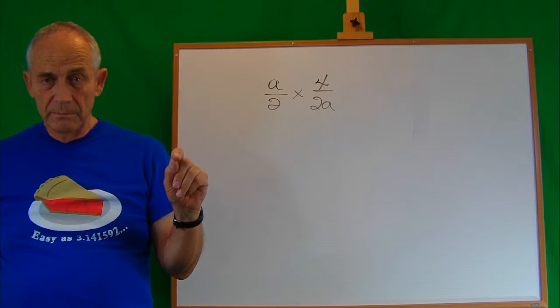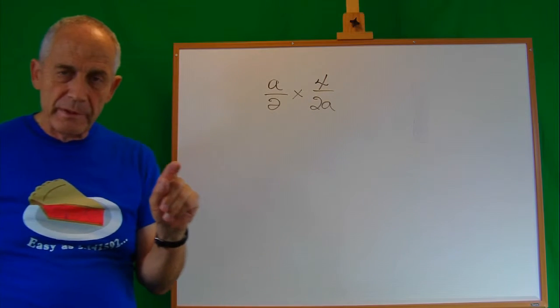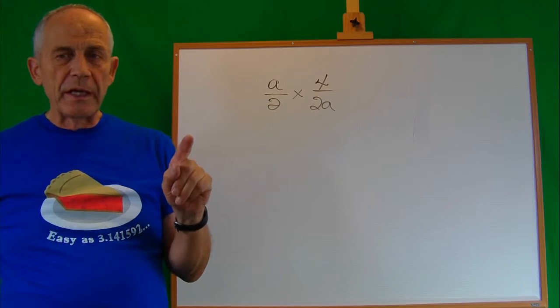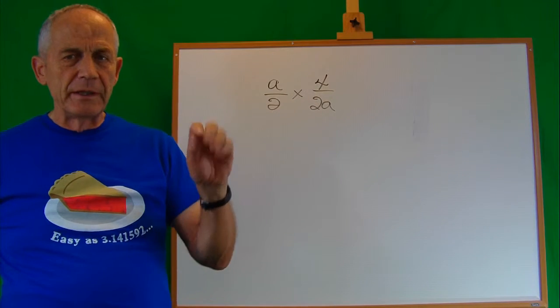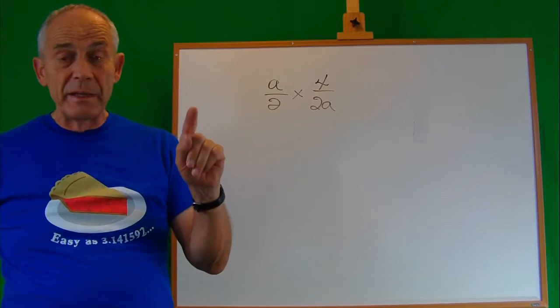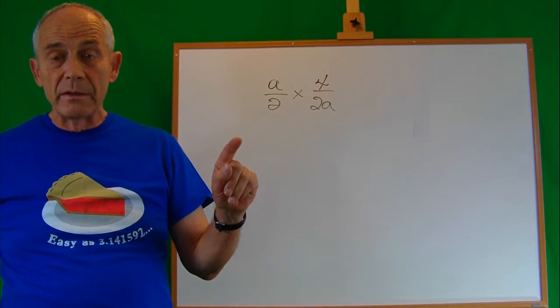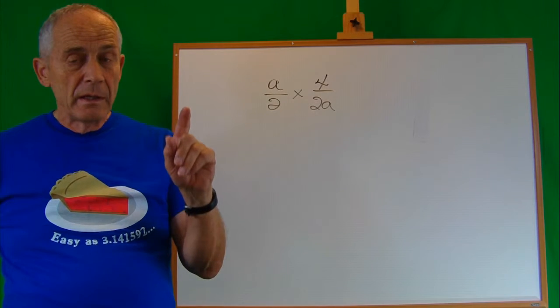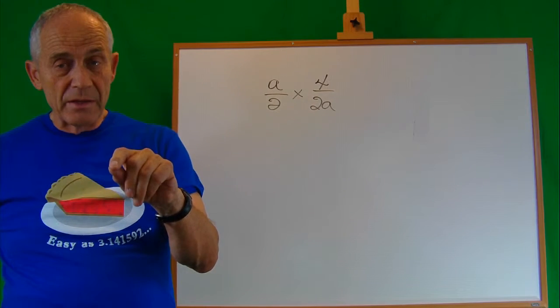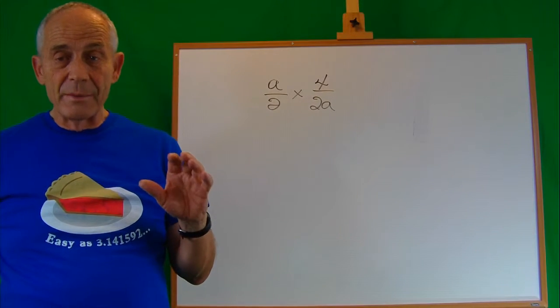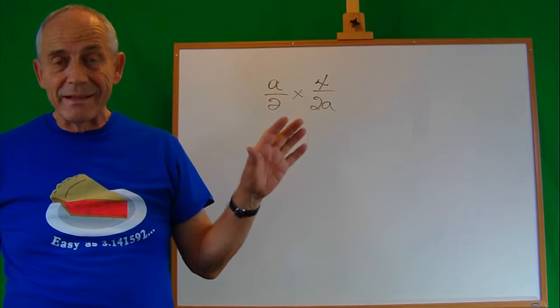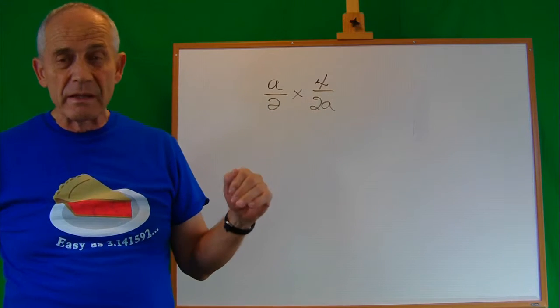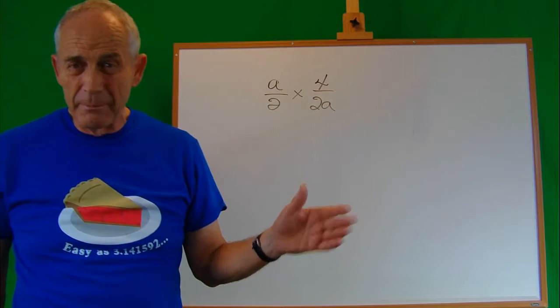We reduce. How do we reduce? By looking for common factors in the numerator and denominator. And it can be anywhere in the numerator, anywhere in the denominator. Remembering, of course, that we multiply the numerators together to get the numerator and the denominators to get the denominator. So anything that's anywhere in the numerator or anywhere in the denominator is fair game.